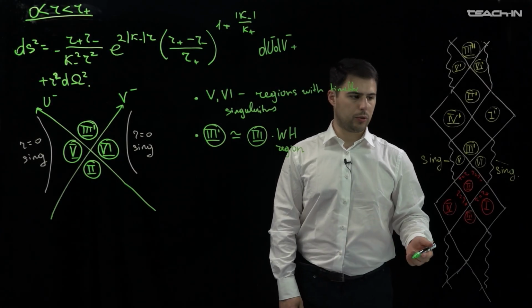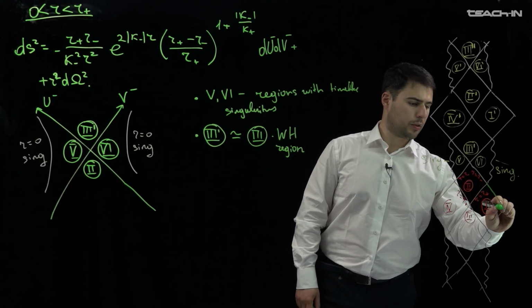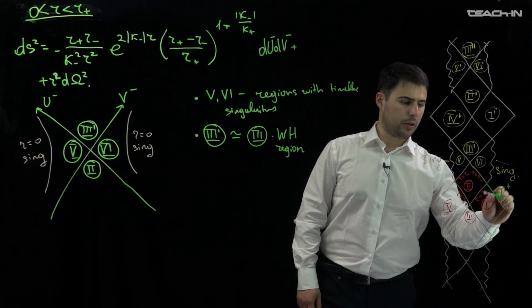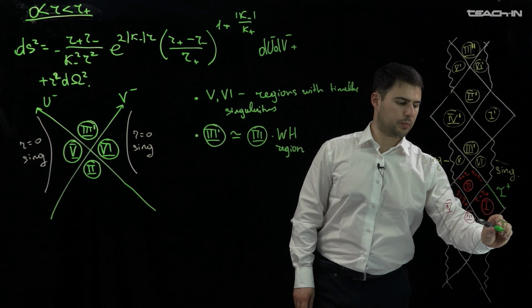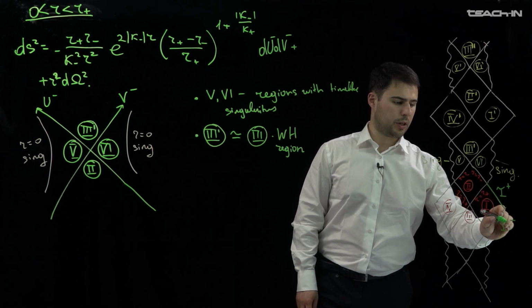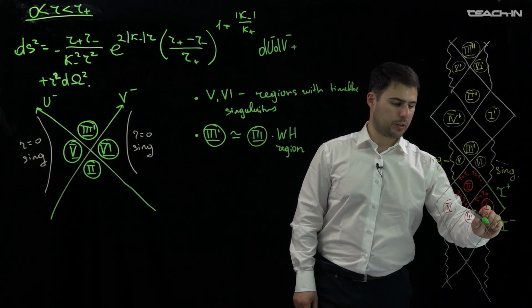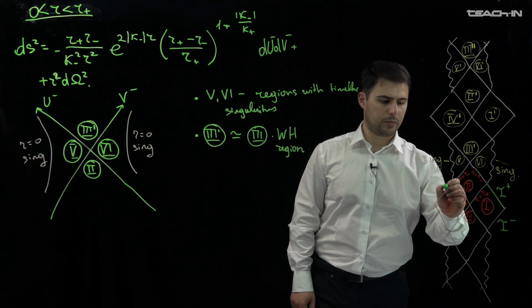So what about the asymptotics? Well, the future null infinity for the region 1 is given by this line. The past null infinity scri minus is here.